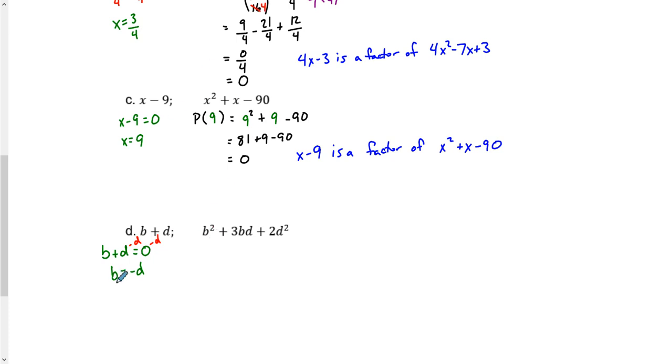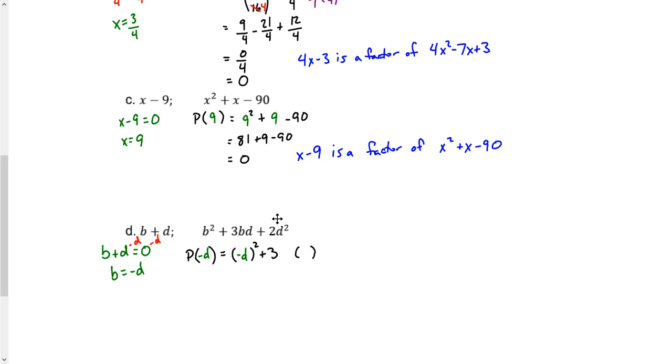So wherever I see b, I can write negative d. So let's see. I'm just going to put a whole bunch of brackets in here. So instead of writing b here, I'm going to write negative d. And that's going to be squared, adding a 3.